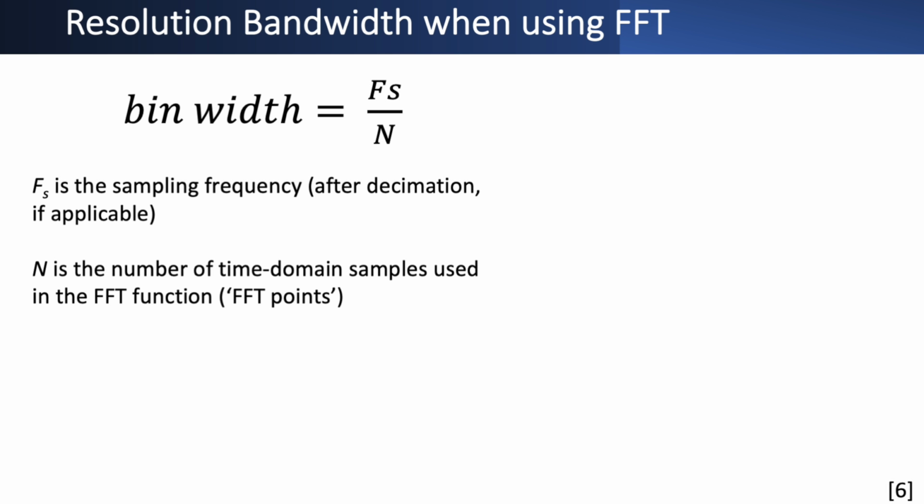Now our next step is to understand the width of these bins in the FFT analysis, because that is a very important parameter. The width of these bins is defined by the sample frequency divided by the number of time domain samples. The sample frequency is of course that of the oscilloscope, for example, but it's important to look at the sample frequency that is used as an input for the FFT algorithm.